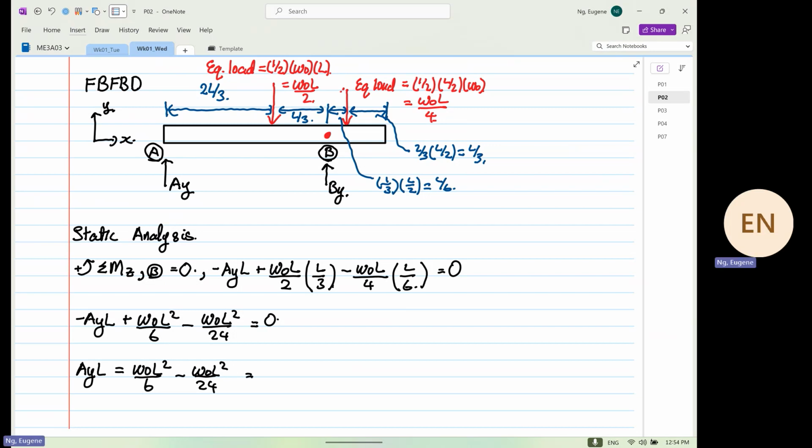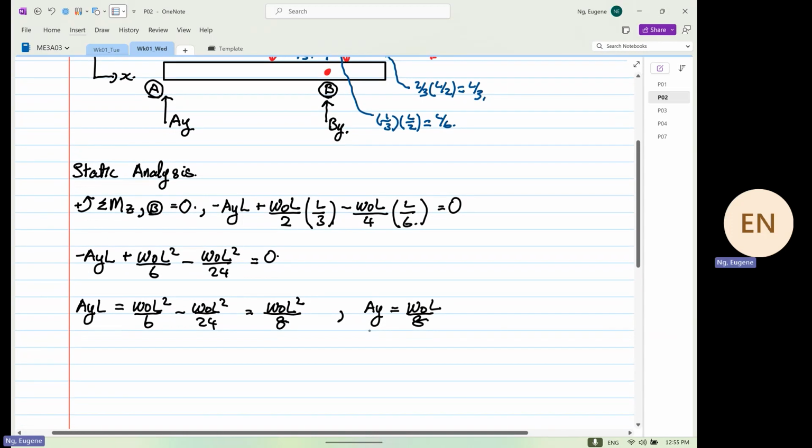So this will be equal to 1 over 6 minus 1 over 24, which is 1 over 8. So omega naught L squared over 8. And with this, we have concluded that AY is equal to omega naught L over 8.